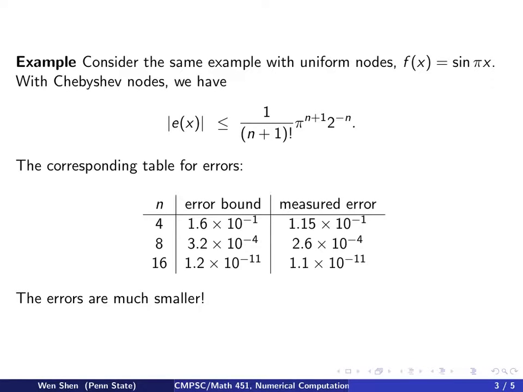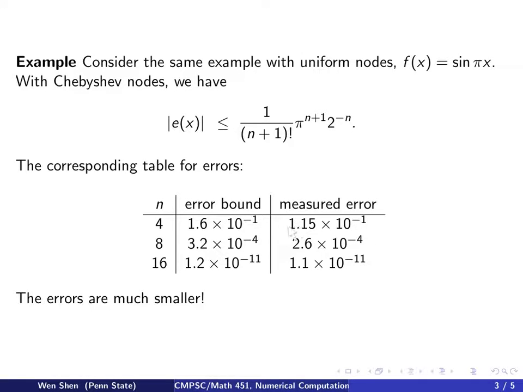We also did some simulation, and we plot the error in a similar way, where n is the number of intervals, and here the error bound is the theoretical error bound computed with this expression, and the measured error is our actual simulation where we find the error. So we see that this error bound is actually much sharper.